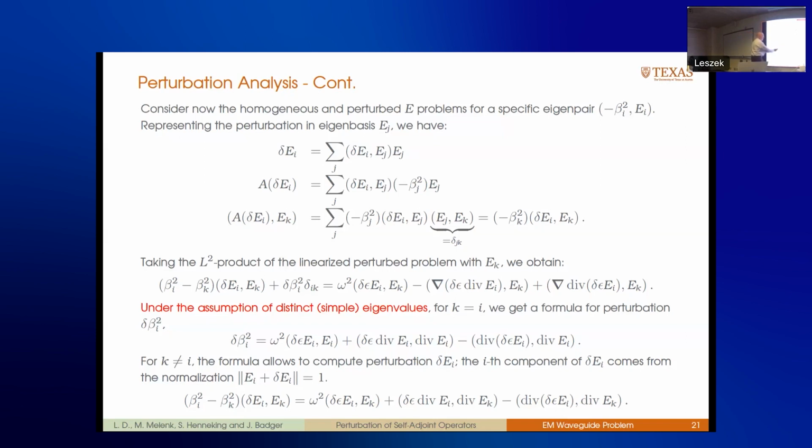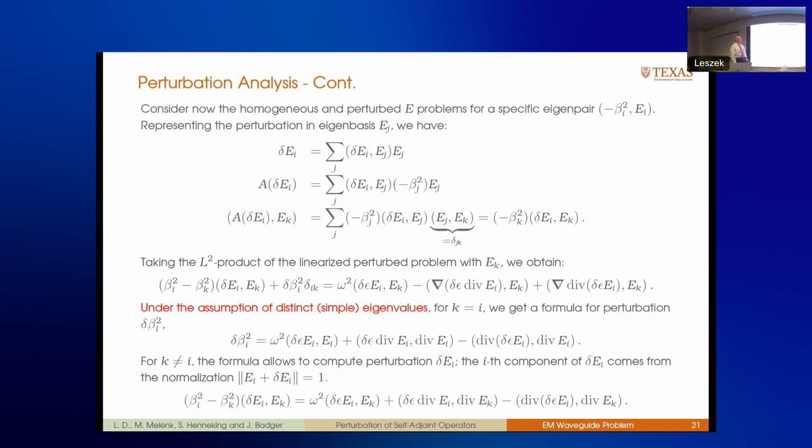And if you compute that, you end up with two equations. One is for the perturbation of the eigenvalue, and the other one is for the spectral components of the perturbation of the corresponding eigenvector. So you get these two equations for all cases, except when you're looking at the eigen component. That one is fixed from scaling, right?